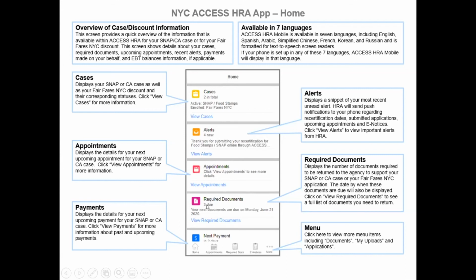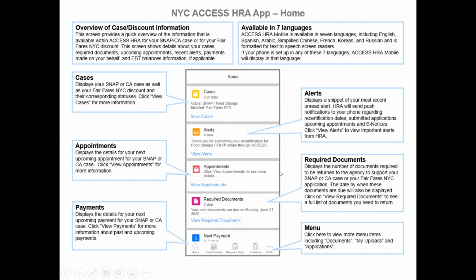In terms of documents, they can see if they have any pending documents that they need to submit. They can see payment information and alerts. They can see alerts in terms of, for example, if they submit their documents, or any type of alerts regarding the case, right?